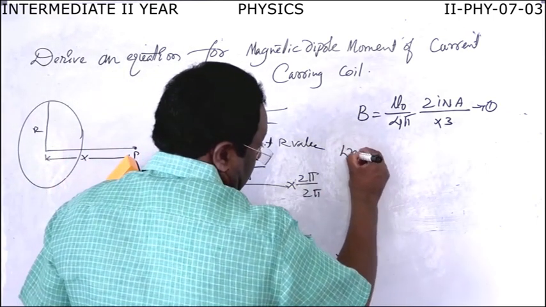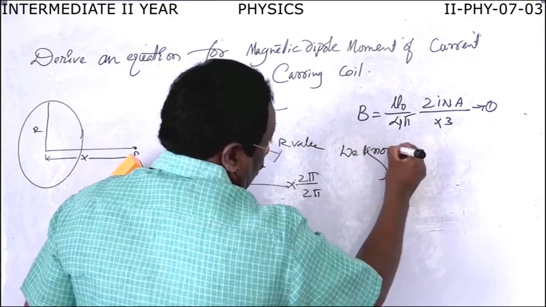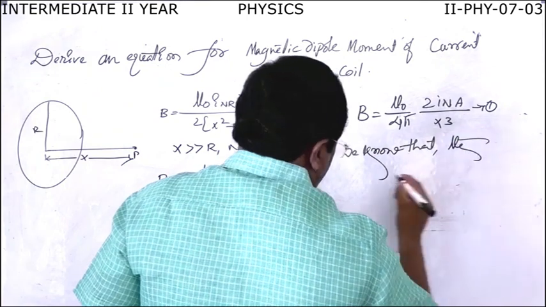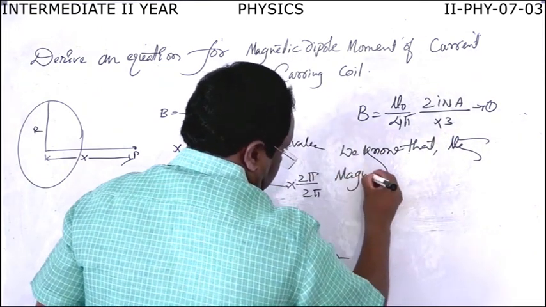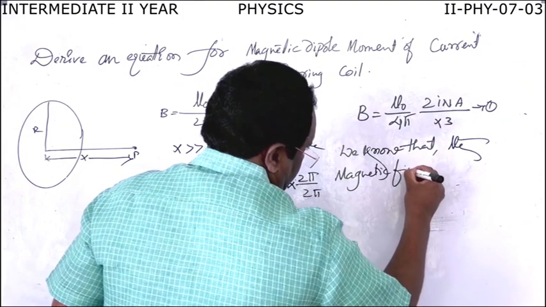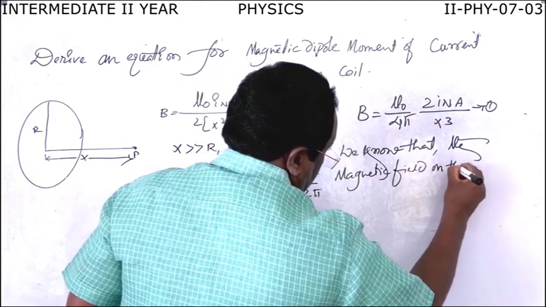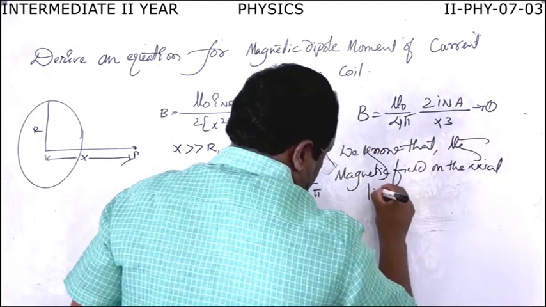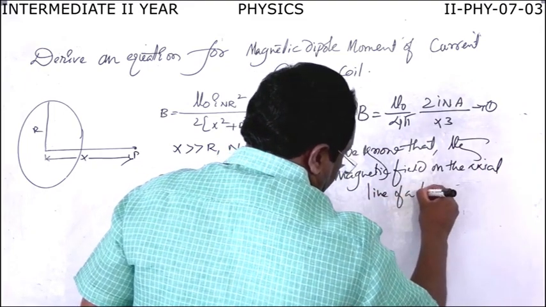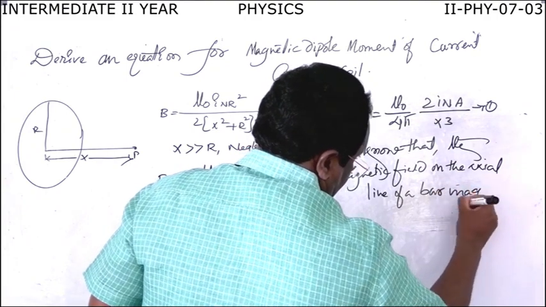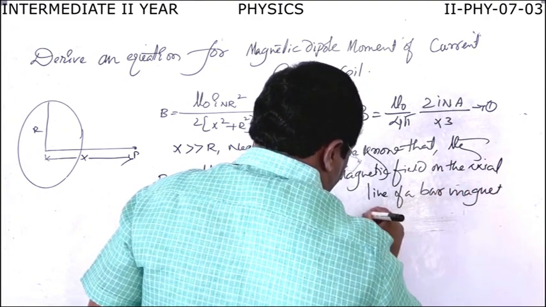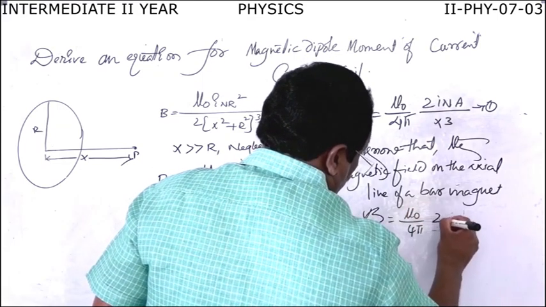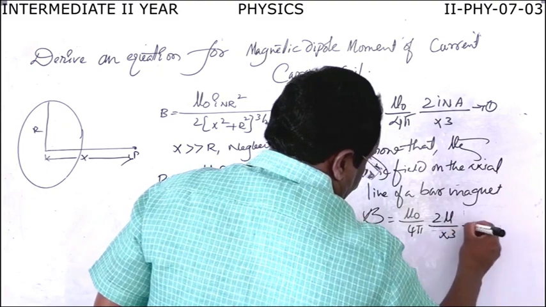We know that the magnetic field on the axis, or on the axial line, of a bar magnet is B equal to mu naught by 4 pi, 2 mu by x cube.